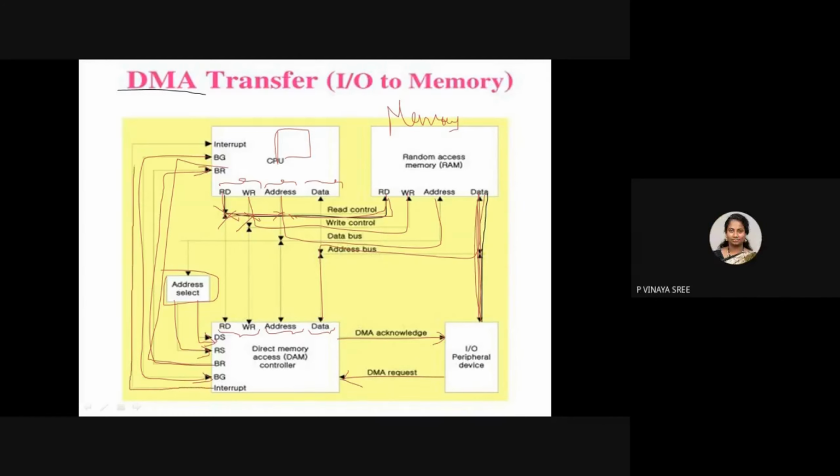After completion of the data transfer, the DMA will give an interrupt to the processor saying that the data transfer has been completed. Soon after the interrupt, the processor will be connected with the bus and the DMA will be disconnected. This is about a DMA transfer.